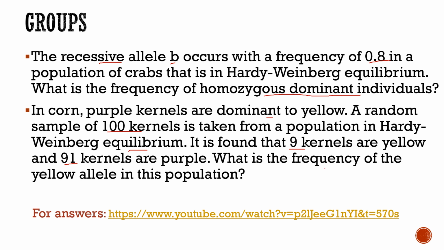Now you're determining the frequency of the yellow allele in the population. It's important to understand the difference between asking what the allele frequency is, which is P or Q, and what the genotype frequency is, which is homozygous dominant, heterozygous, or homozygous recessive. You use those numbers differently in those equations.